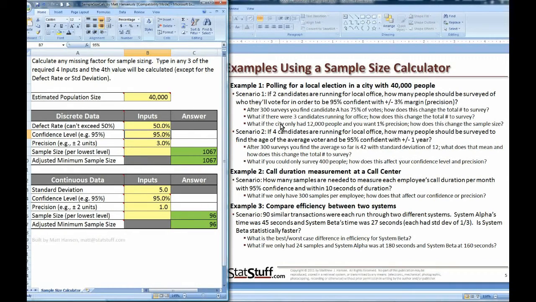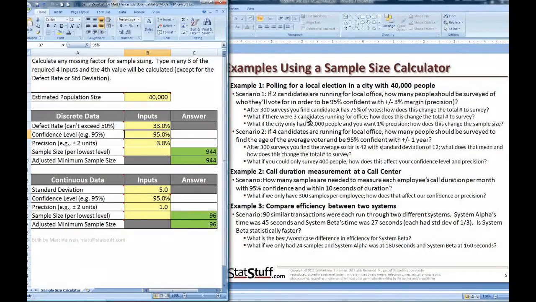Well, if there are 3 candidates for office, what we said was candidate A has 75% of the votes. If there were 3 candidates for office at the very beginning, we could do 1 divided by 3 as 3 discrete values and plug in 33%. But again, after getting 300 surveys, we said candidate A has 75% of the votes.